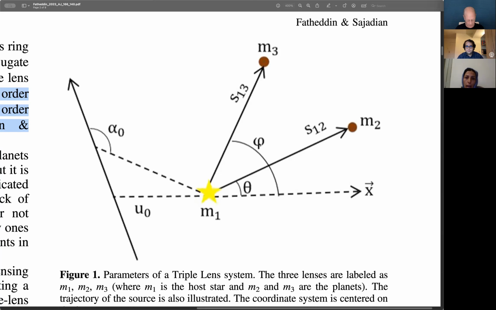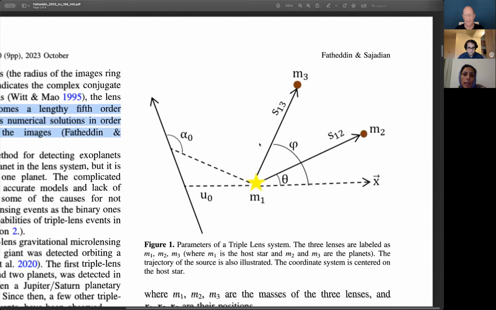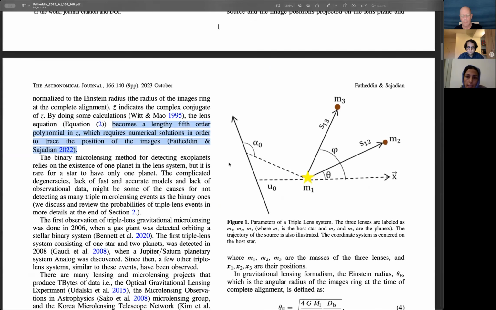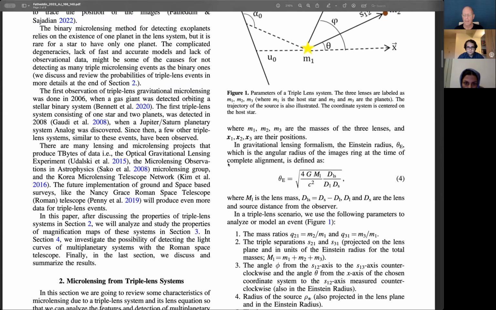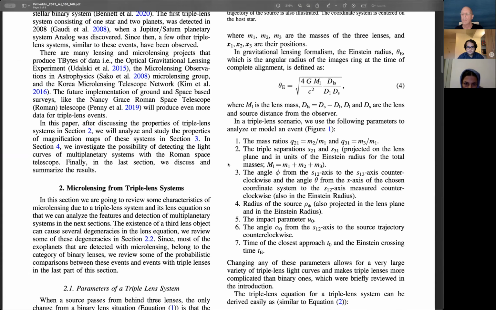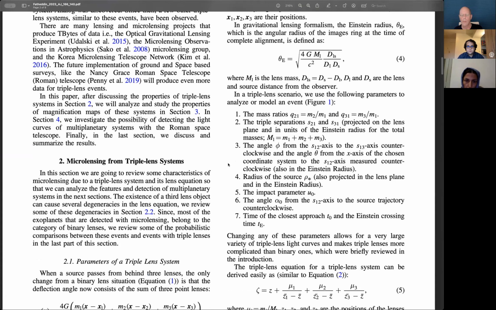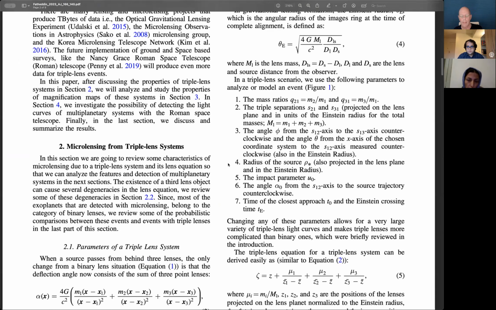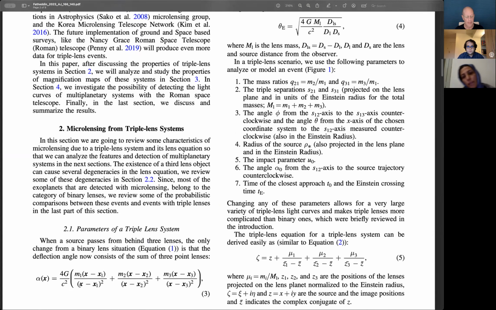In equation 3, we have 3 deflection angles, and we also define an angular distance, the Einstein angular distance, as given in equation 4.